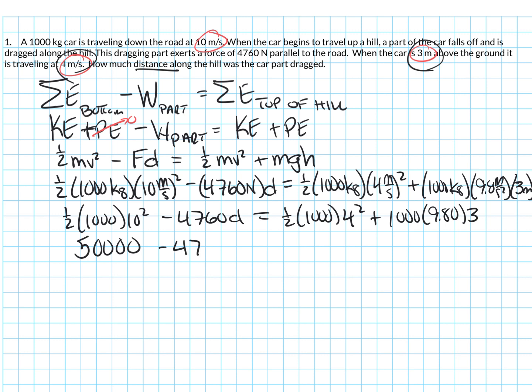Minus 4760 times d equals, let's see, 1/2 1,000, that's 500. 4 squared is 16. 500 times 16, that's going to give me 8,000, plus 1,000 times 9.8 times 3. 3 times 9.8, that's 29.4. So that'll be 29,400.